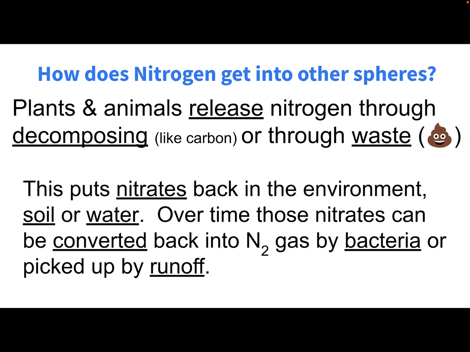Now, if any of you live on a farm, you knew this slide already, right? Because a lot of times farmers will use organic fertilizer or manure, which is processed waste or poop from animals that they sprinkle onto their crops to help return nitrogen to the soil to allow the plants to grow. So that's how it gets in and out of plants and animals, but also back into the geosphere as well.